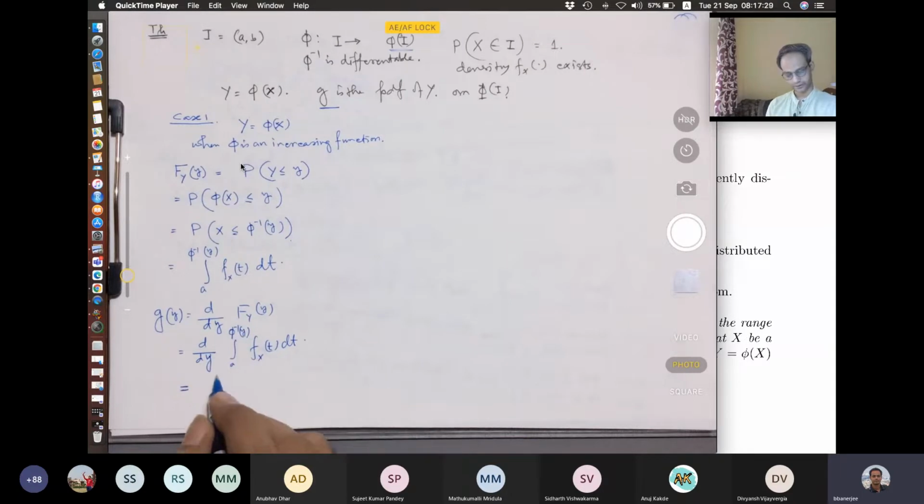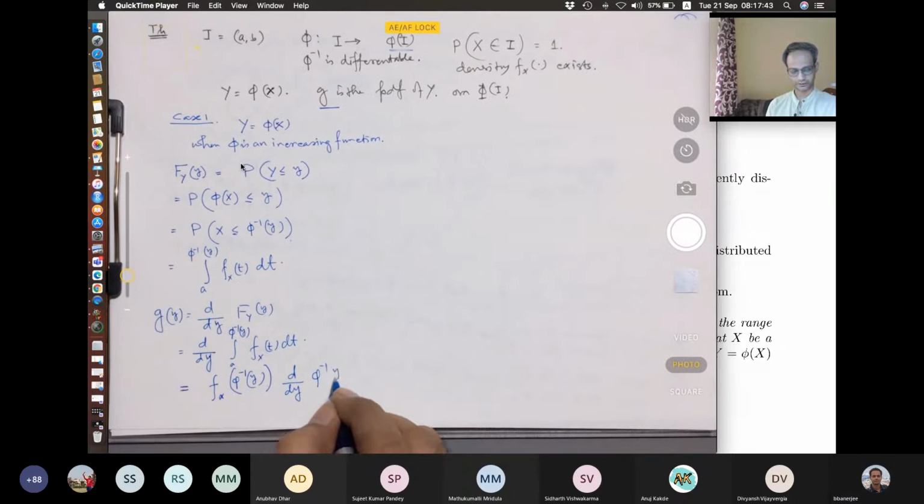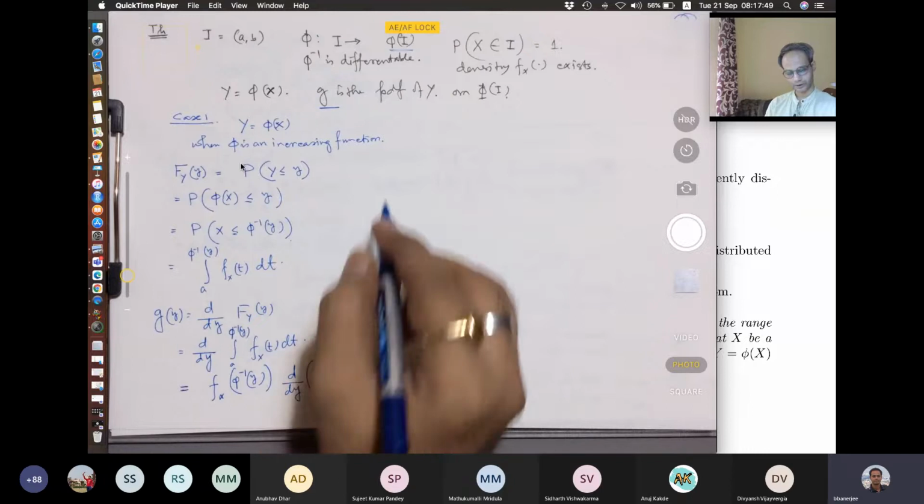So it will be f of x evaluated at phi inverse y, then d/dy of phi inverse. Okay, so let it be in this form. We will come back to it.